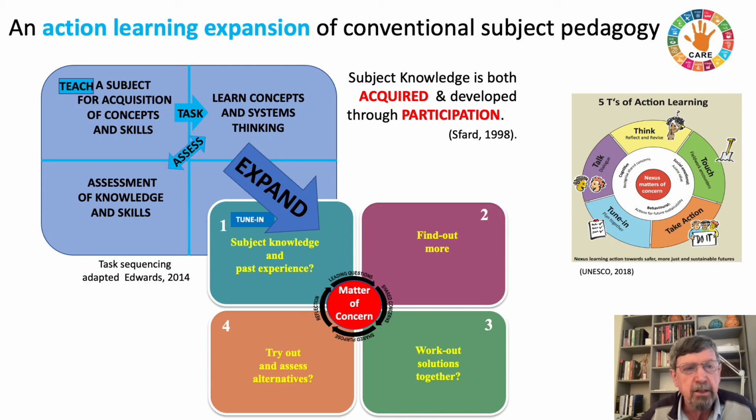And here what we can do is expand so that teaching the subject becomes a tuning in more, and then there's the expansion to actually have the students touching, thinking, and talking together to explore concerns, and then talking and thinking together, the teacher being part of the think tank that the students are engaged in, and then rethinking and looking at taking action to resolve some of these concerns, and finally then reviewing and reflection.